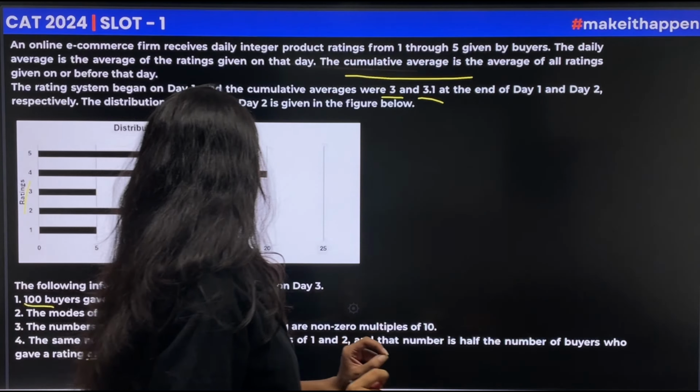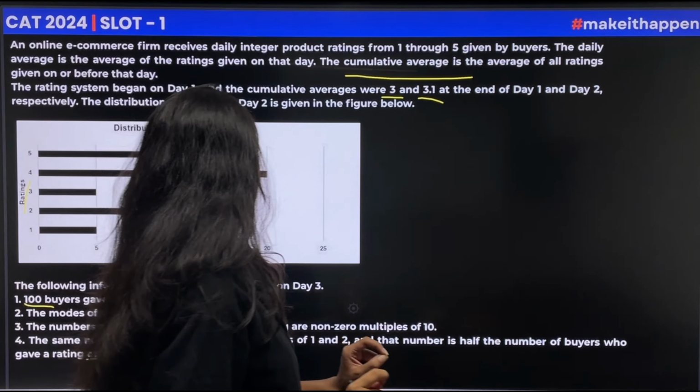So this will come 170 by 50, that is 3.4. So we got the following information that the number of buyers were 50 and the average comes out to be 3.4.